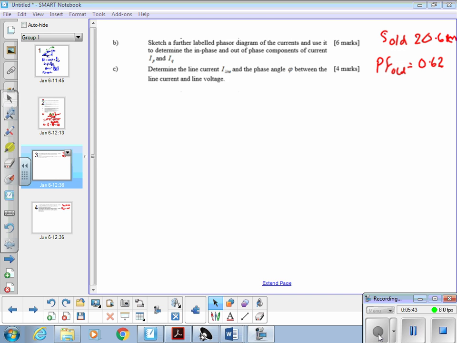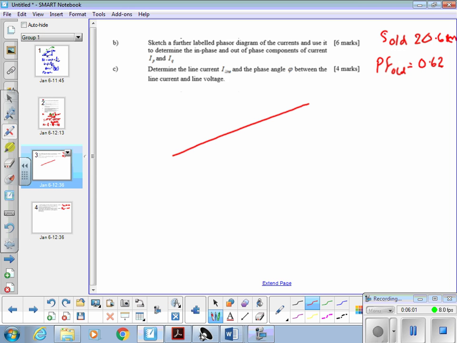Sketch a further labelled phasor diagram of the currents and use it to determine the in-phase and out-of-phase components of current, IP and IQ. So we're talking again about a triangle. We know that the cos of the angle at the moment is 0.62.